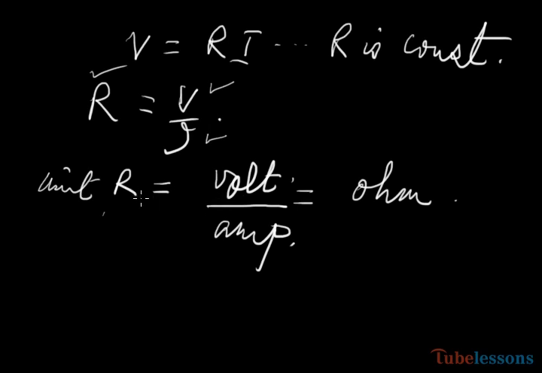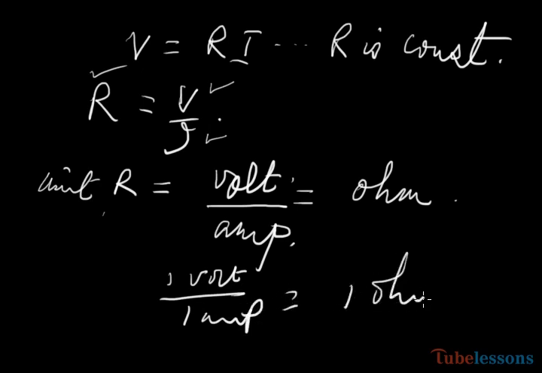Therefore, the unit of resistance is ohm. So 1 ohm can be defined as the resistance of a conductor when 1 ampere of current passes through the conductor connected with 1 volt of potential difference. So 1 volt by 1 ampere equals 1 ohm.